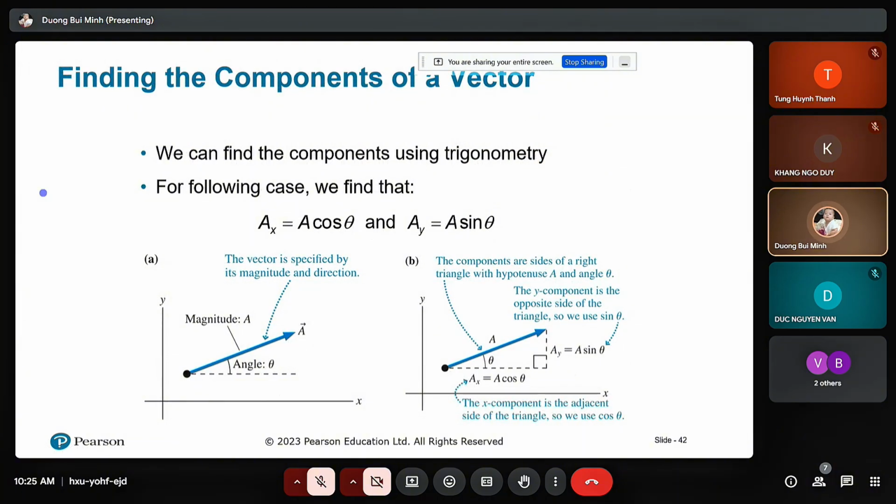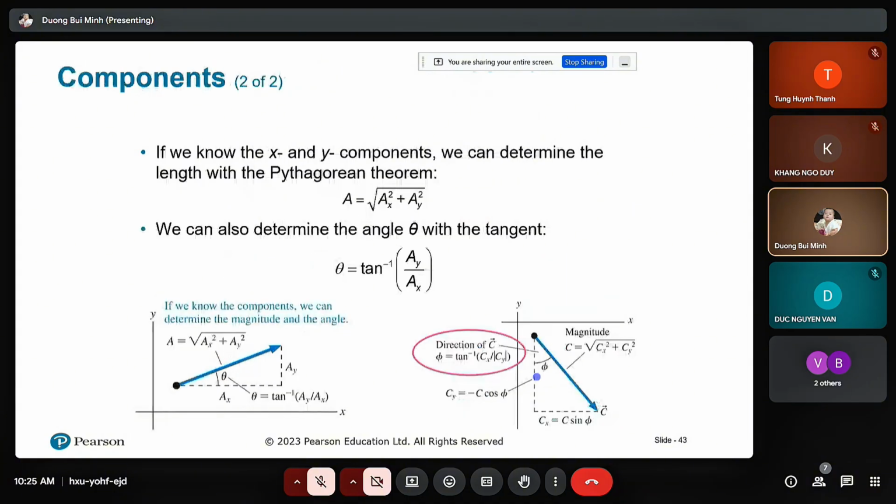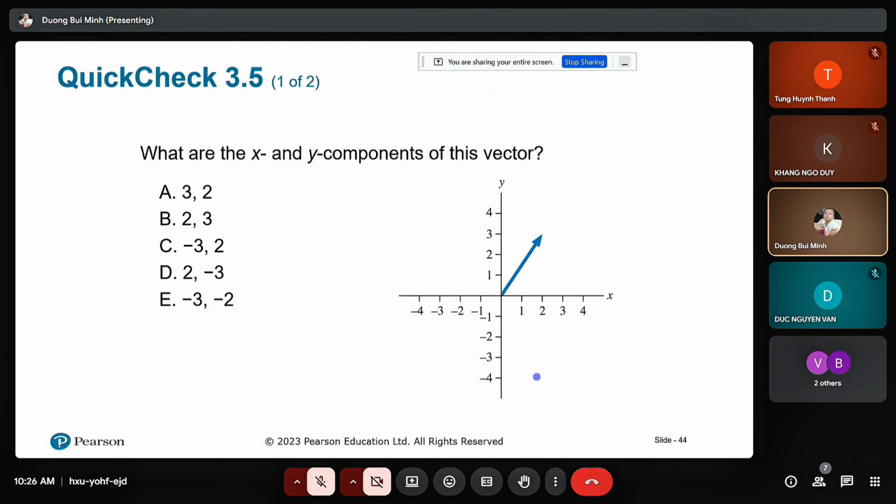Or we can apply the theory of complex numbers. We can get the magnitude and the phase angle. We also calculate the absolute values of Ax and Ay. Very easy, just review.